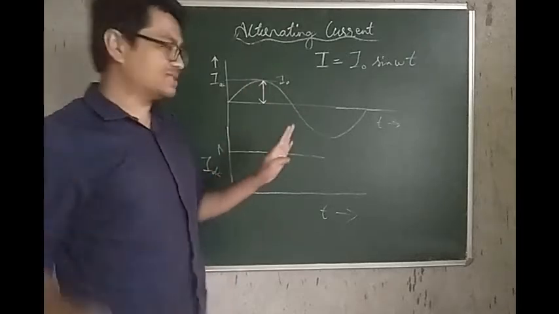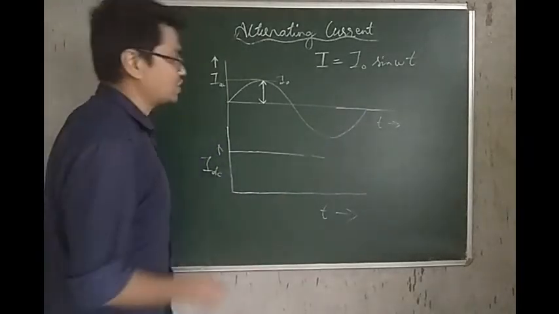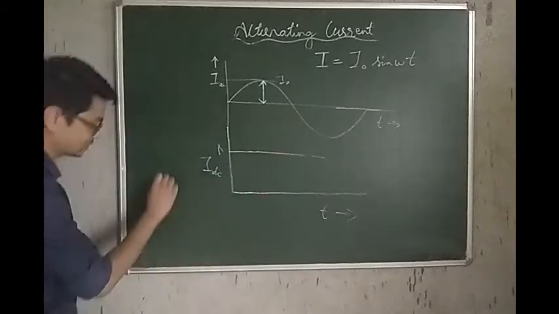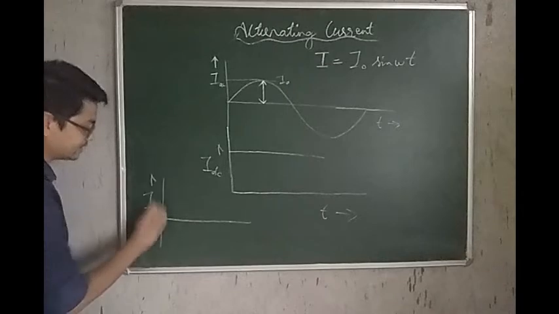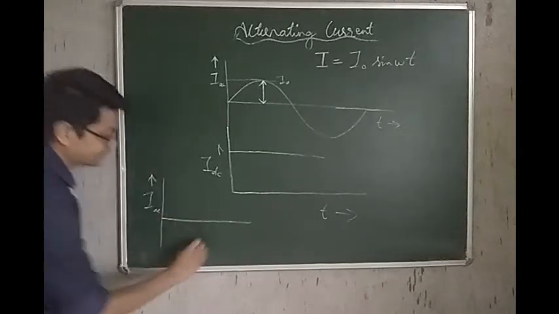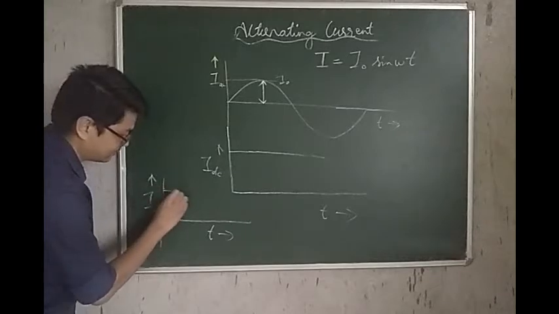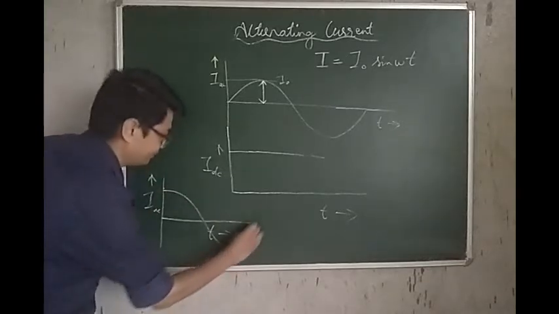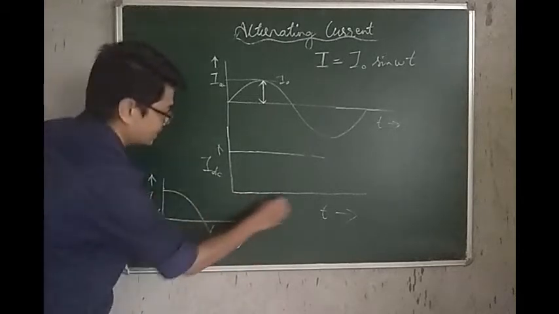Now, it is not just that a sine wave represents alternating current. We can also have a cos wave representing alternating current. So this is your alternating current I AC, and this is a time axis. We can also have something like this, mind you. What is this?